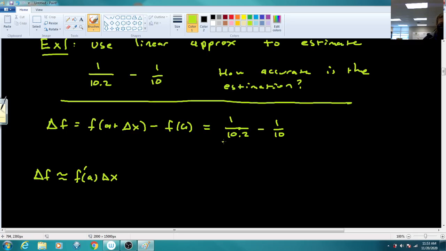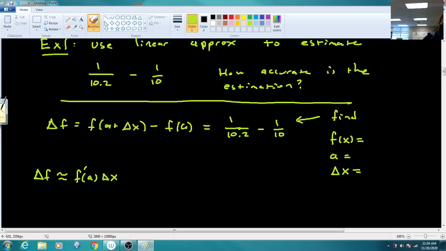So what we have to do is look at this statement right here. We have to look at everything that's right there, and based on that, we need to find what is f of x, what is a, and what is delta x. We can label all those, then we can find f prime, and we know what a to evaluate it at, and we know what delta x to multiply it by.